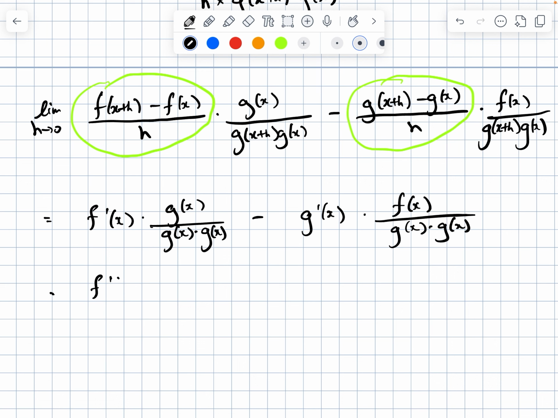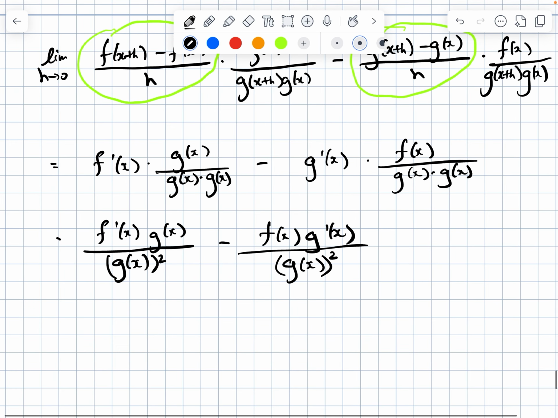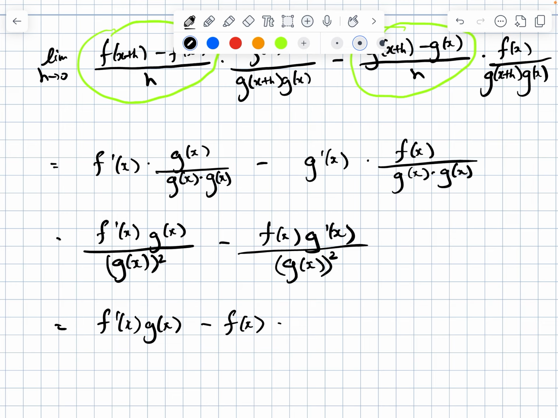Simplifying, we get f'(x) times g(x) all over g(x) to the power 2, minus f(x) times g'(x) all over g(x) to the power 2, which gives us our quotient rule, which is f'(x) g(x) minus f(x) g'(x) all over g(x) squared.